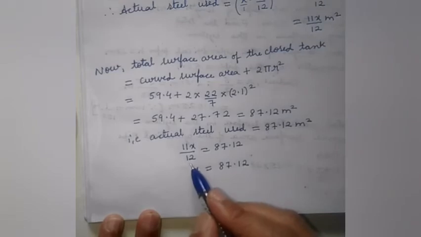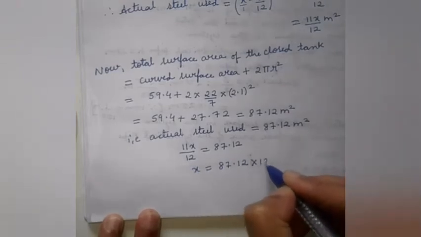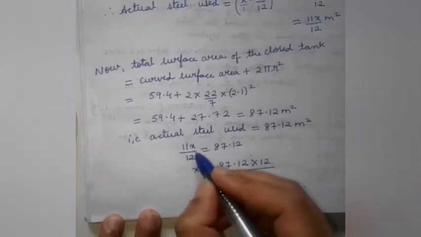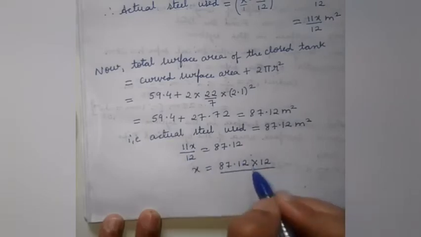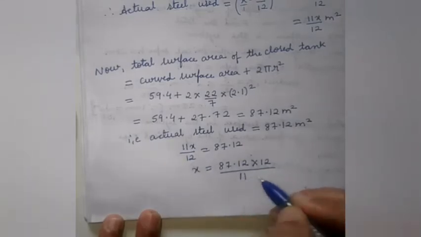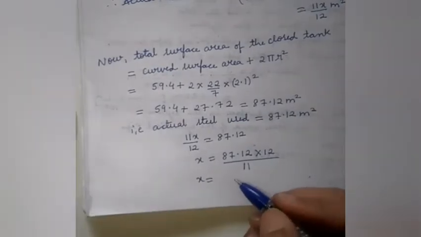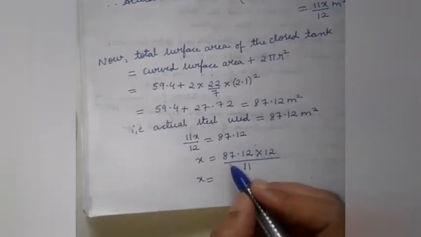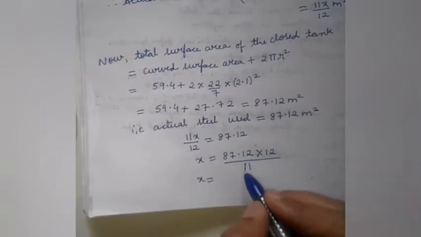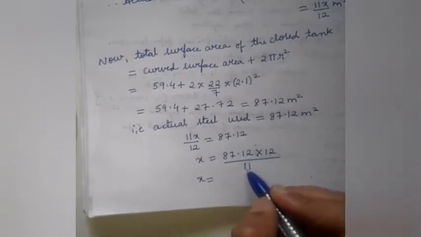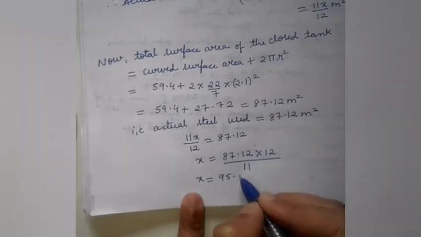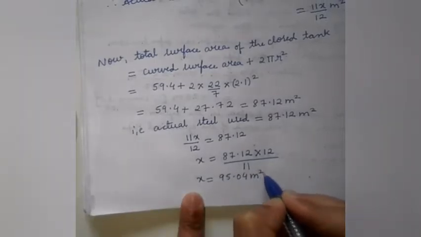Since 12 is division, if we take it to the other side it becomes multiplication. 11 into x, since it is multiplication, if we take it to the other side it comes to the denominator and becomes division. So x is equal to 87.12 into 12 divided by 11, which is equal to 95.04 meter square.